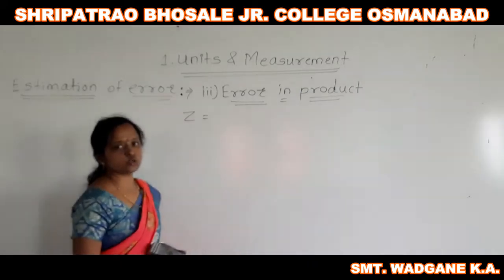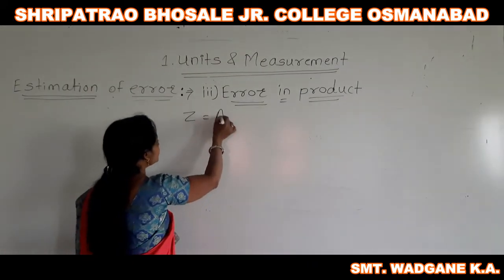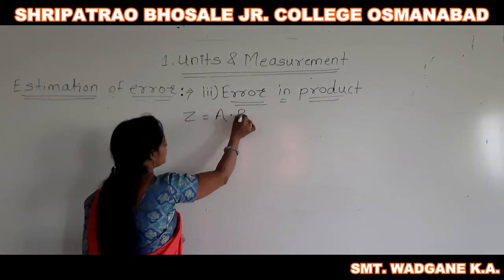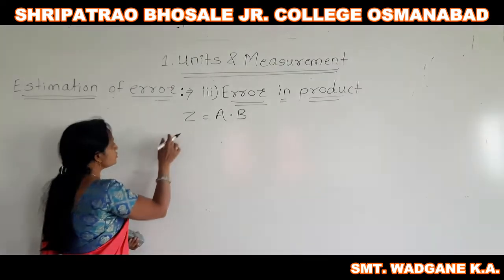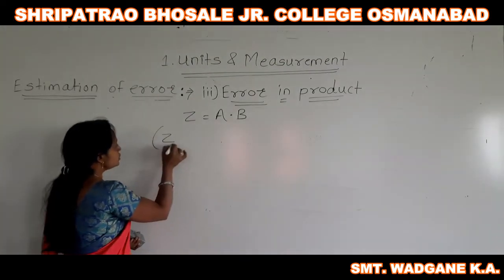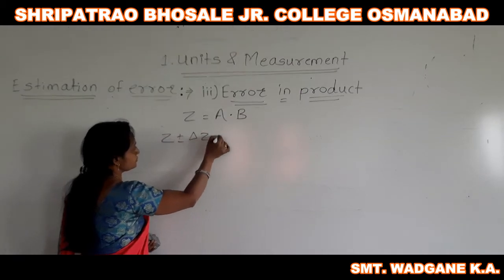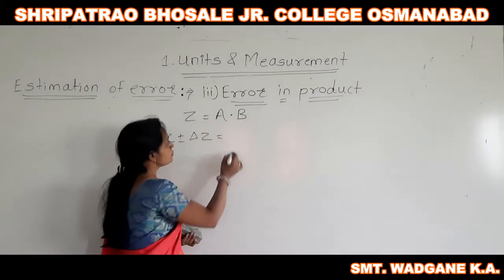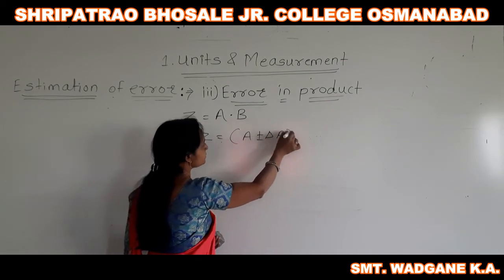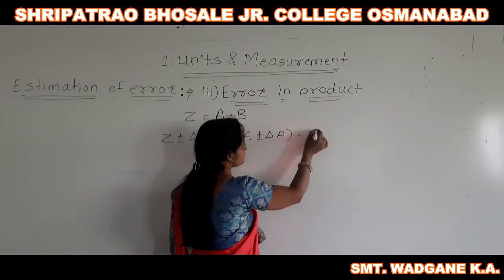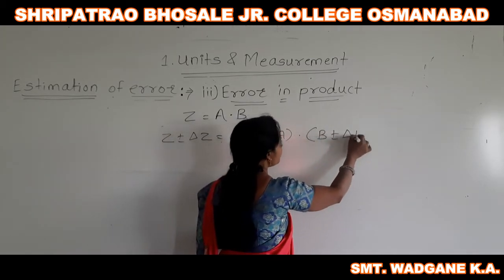Let us consider the two physical quantities are multiplied together. Therefore, let us consider Z is equal to A dot B. We have to find the absolute error in case of Z, that is Z is equal to Z plus or minus delta Z. In case of A, we can write A plus or minus delta A dot B plus or minus delta B.